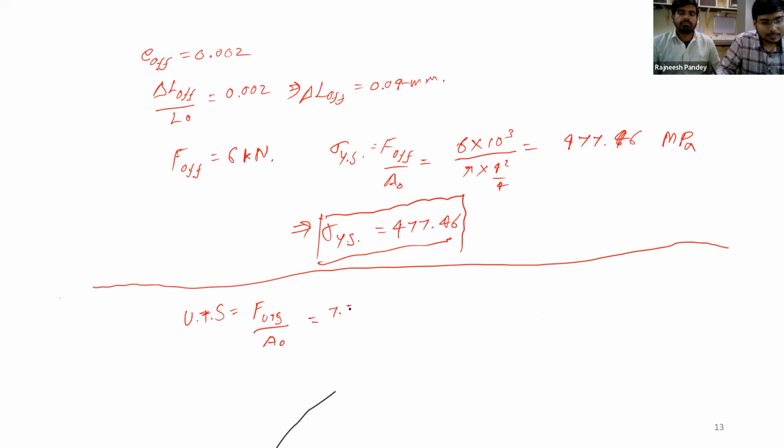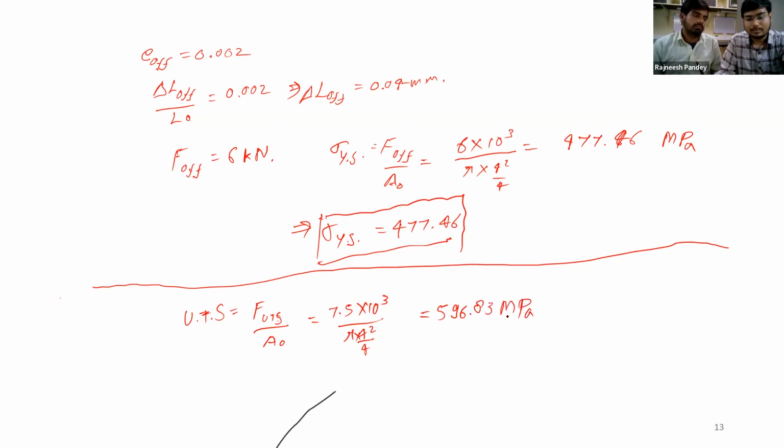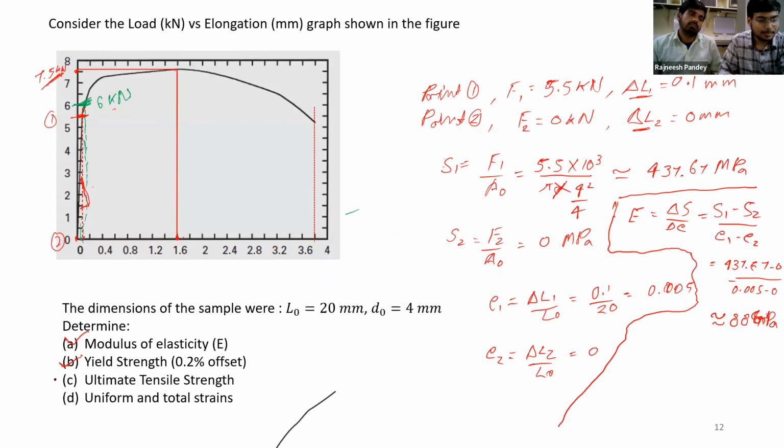So this will come out to be 7.5 into 10 to power 3 over A naught, which is pi 4 square over 4, and upon calculation we get this value as 596.83 MPa. So by this we get the third part also solved.